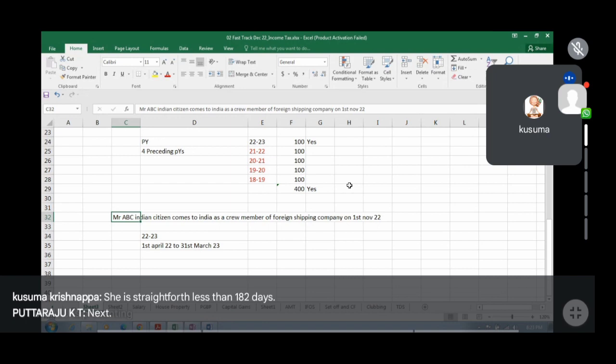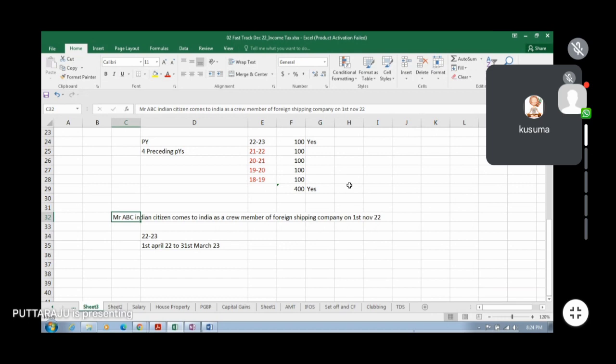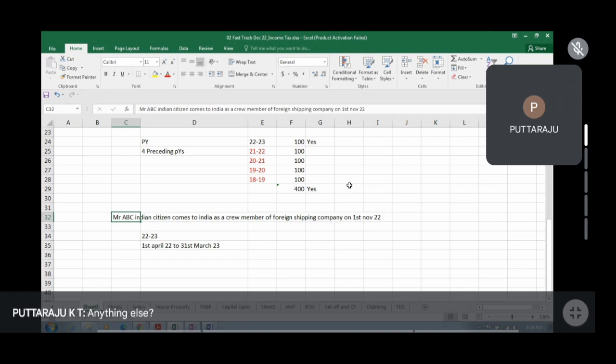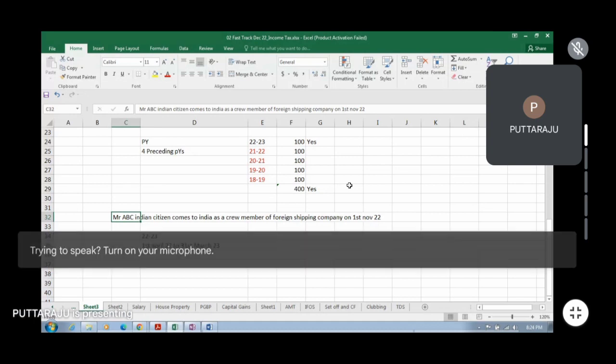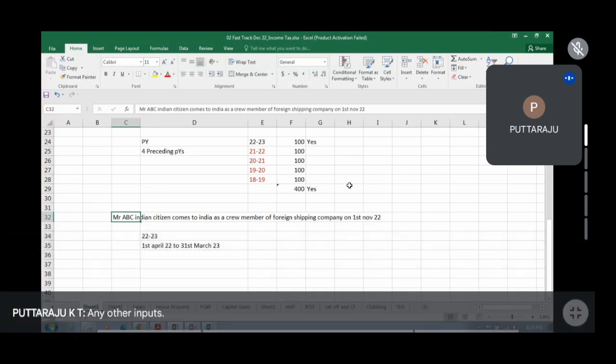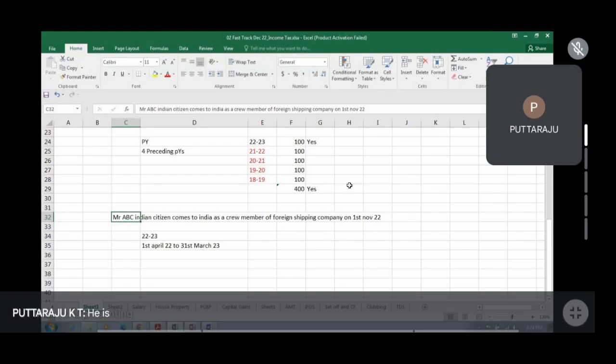Next. Anything else? Any other inputs? Foreign shipping company.